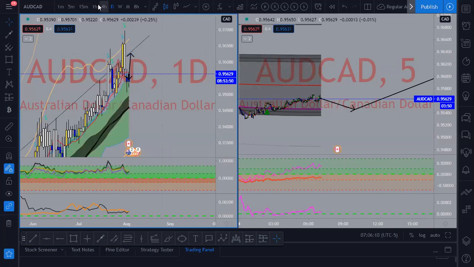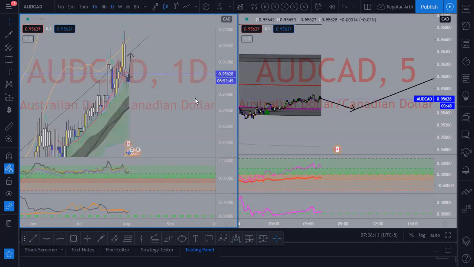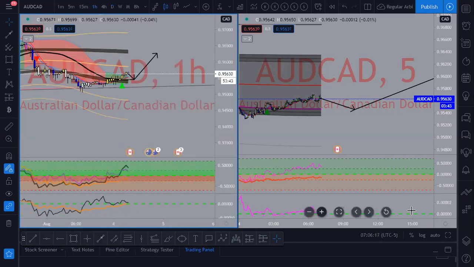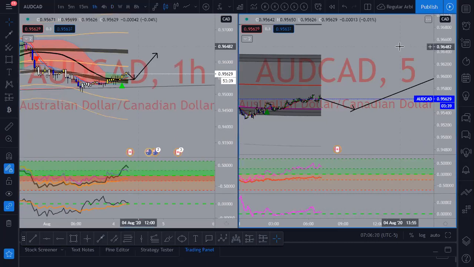So yeah, let's see how this AUDCAD plays out. The level pro is above the ground zero. Arbitrage Z is also above ground zero. So I do like the buys, but again, I'm going to need this retest and to see price respect here before I buy.